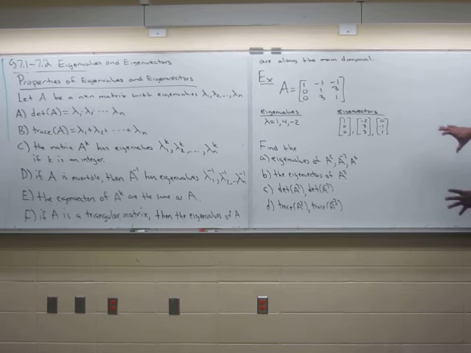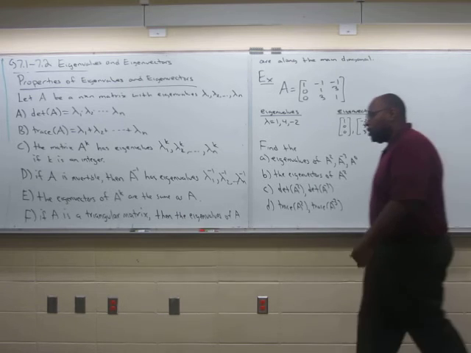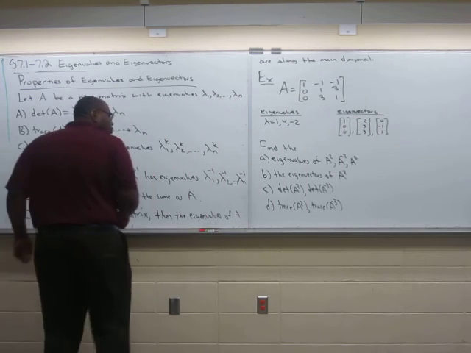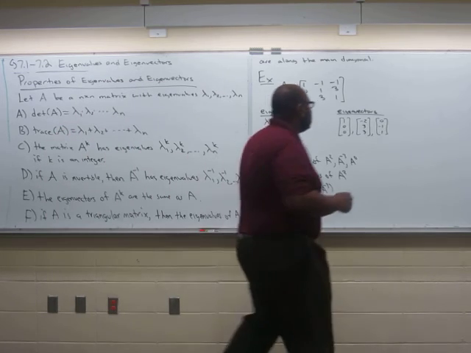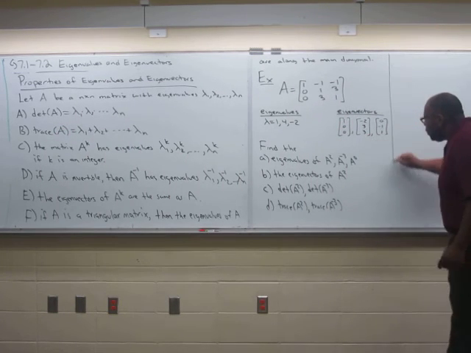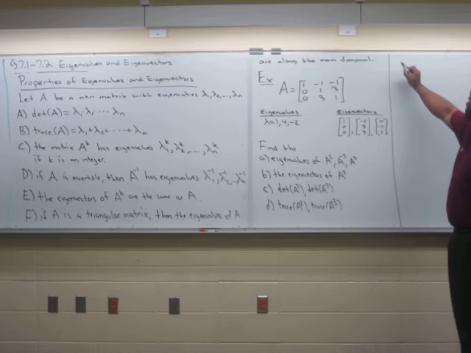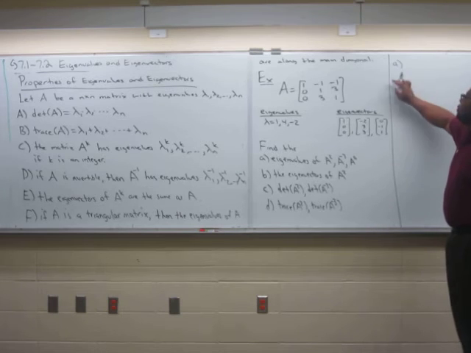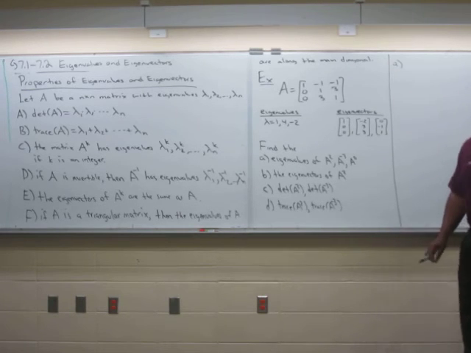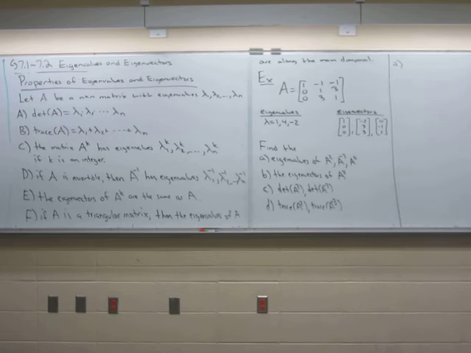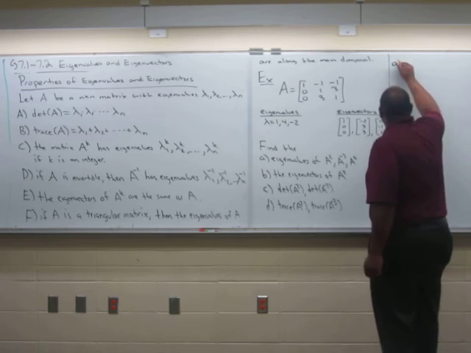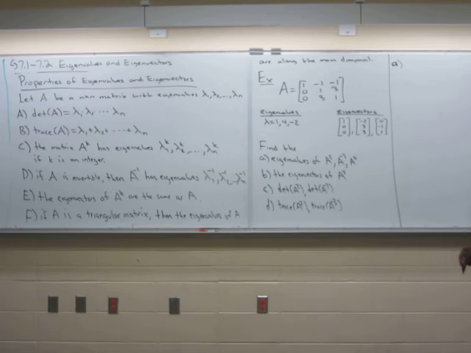I want to squeeze all of that in this part right here. Do I have enough space to do all these problems? I'm going to squeeze my answers in this spot right here.